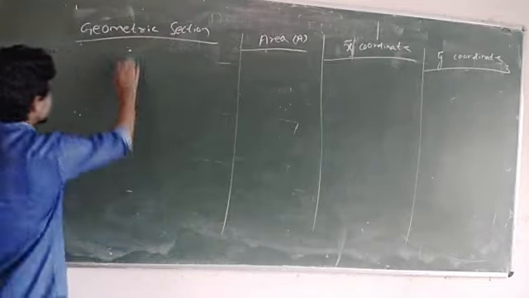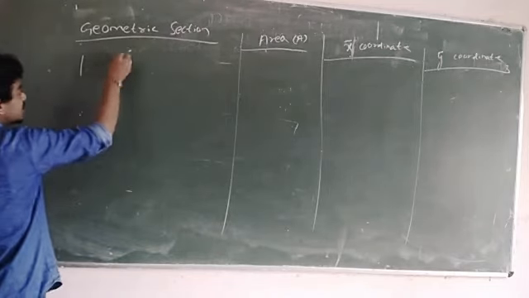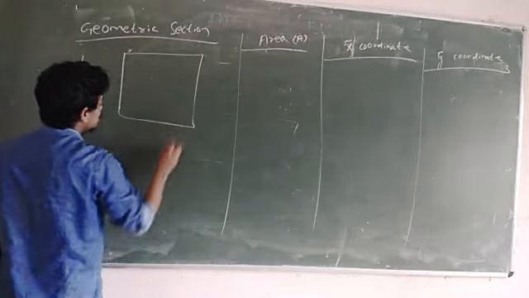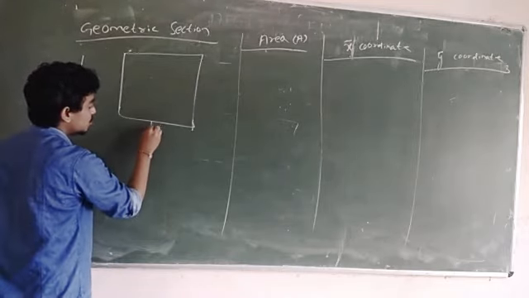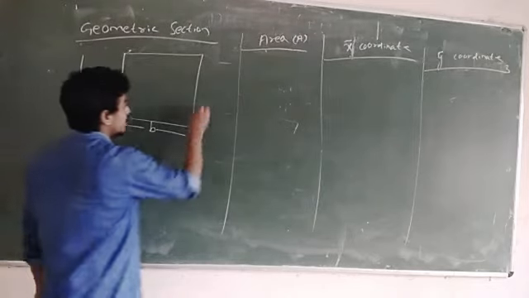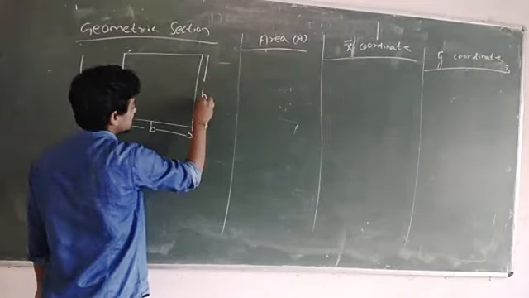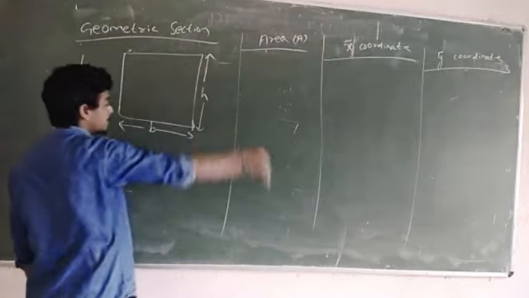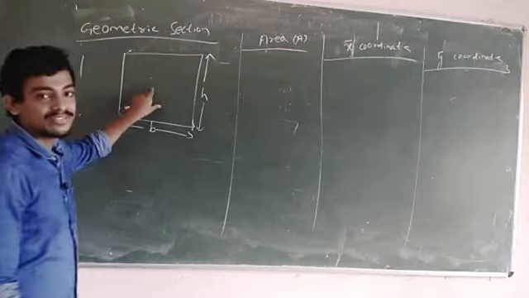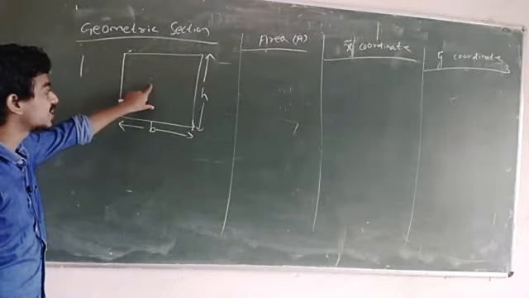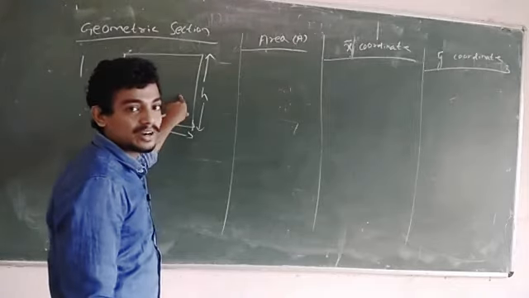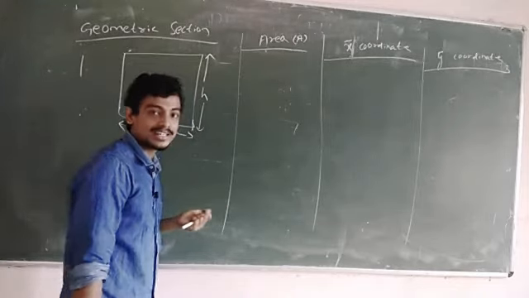First, as the geometrical section, I am taking the rectangular section. In the rectangular section, suppose the width of the section is b and the height or depth of the section is h. So this is one geometrical figure. I already told you, in a geometrical figure, you should say centroid, not center of gravity. That is the main difference.